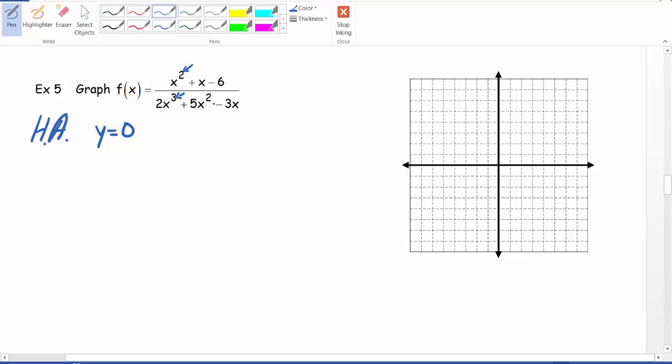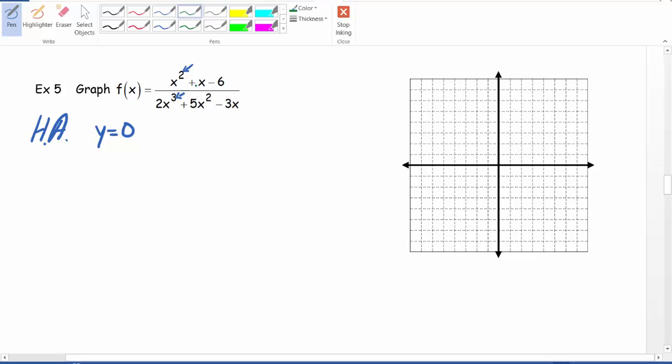So we can't just start definitively looking at the bottom and setting that not equal to 0. I mean, you can, but there's usually a better order, and I like to stick to a reasonable order. So next, we're going to factor both the top and bottom to see where our holes and vertical asymptotes are.